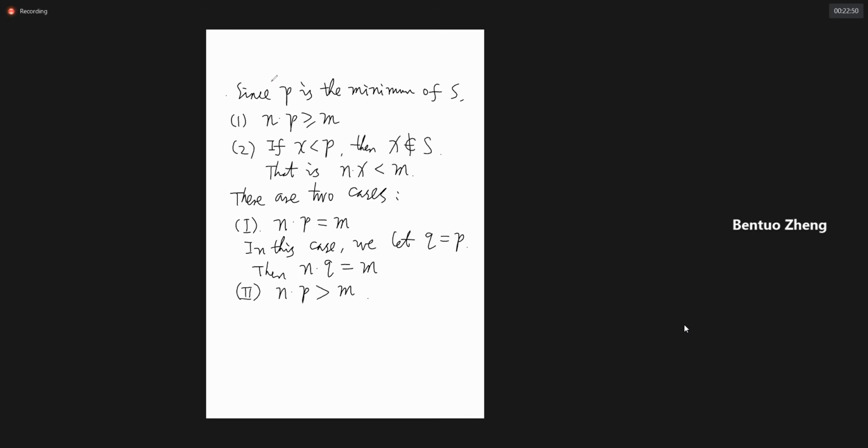Since N times P is greater than M, we can claim P has to be greater than 1.